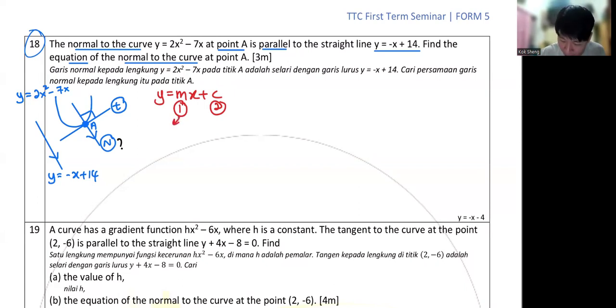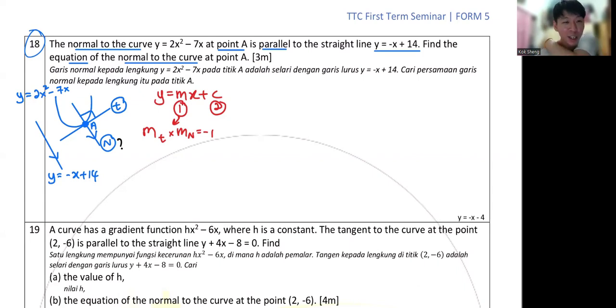Okay, gradient part here, we now know that we need to find the normal straight line gradient. And normal and tangent both are perpendicular, 90 degrees. So their gradients times together must be -1. Correct. But then this question, look at the graph, got one more way.